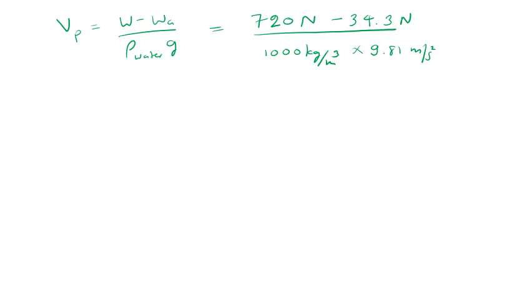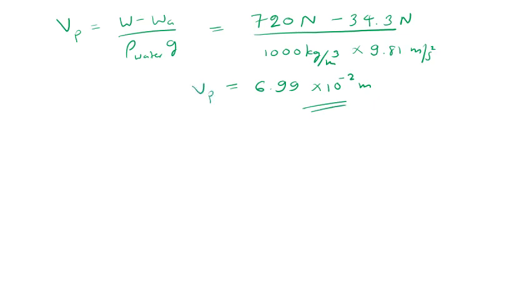Okay, now we can simplify this to find the volume of the person. It will be 6.99 times 10 to the power negative 2 cubic meters. So this is the volume of the person.